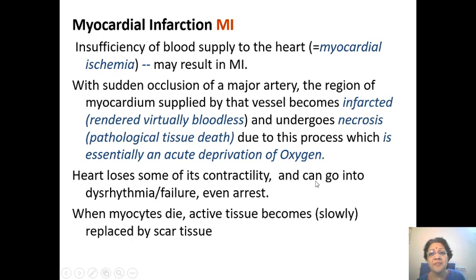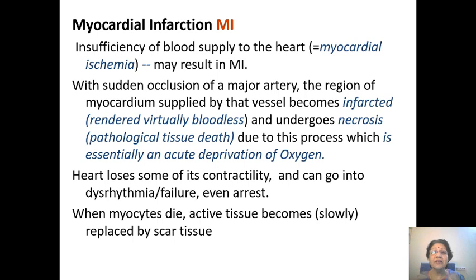So very often the outcome of this infarction is a dysrhythmia, or the entire heart reflexly reduces its contraction or almost stops, in which case we call it an arrest. Otherwise it fails to completely empty the blood from the heart into the outgoing vessels, which is basically the aorta.